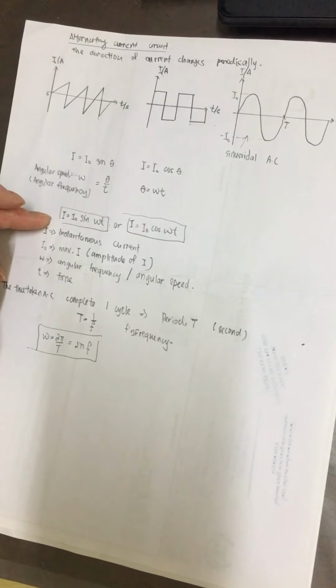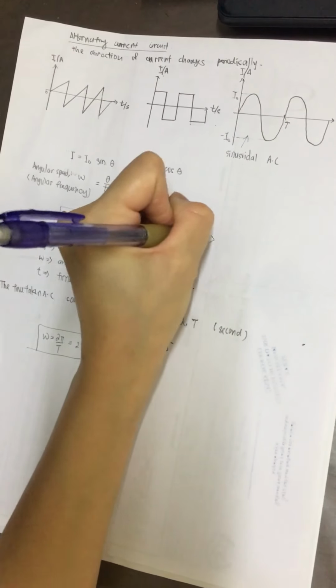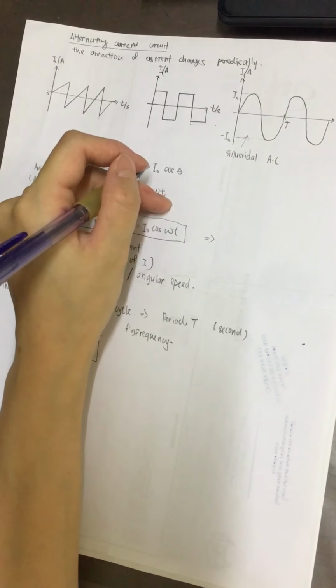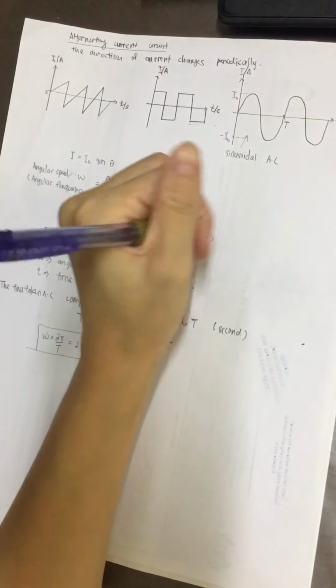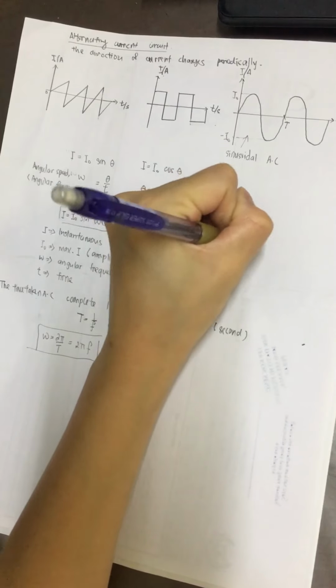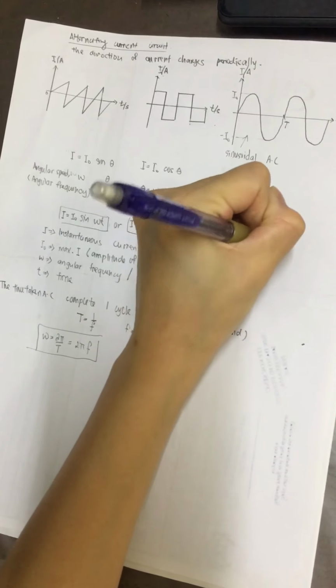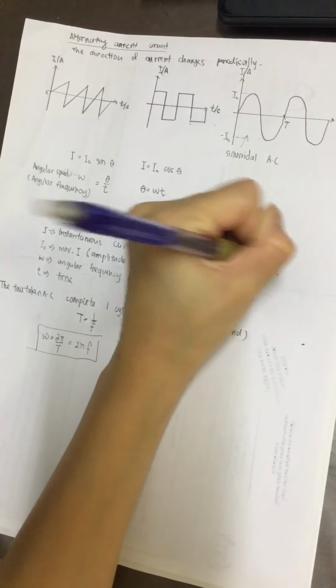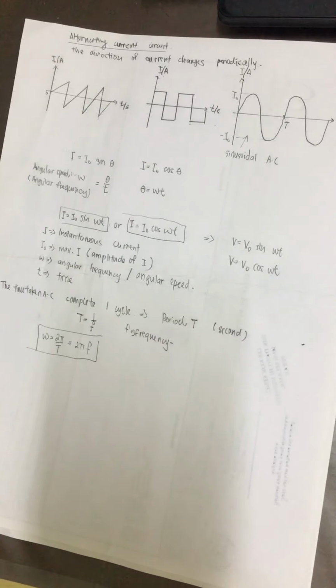In an AC circuit, the voltage also changes periodically, meaning it will have positive voltage and negative voltage. It will be represented using this equation or this equation, depending on the graph given. If you have a sine graph, you have to write it in a sine equation.